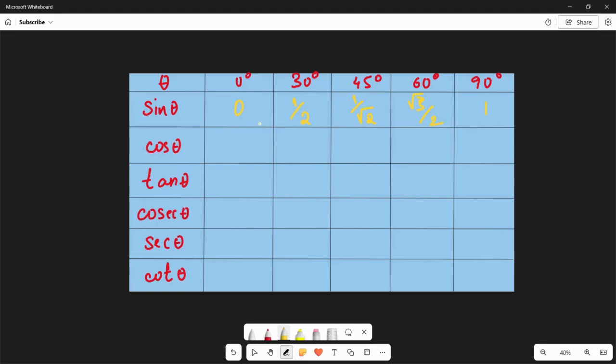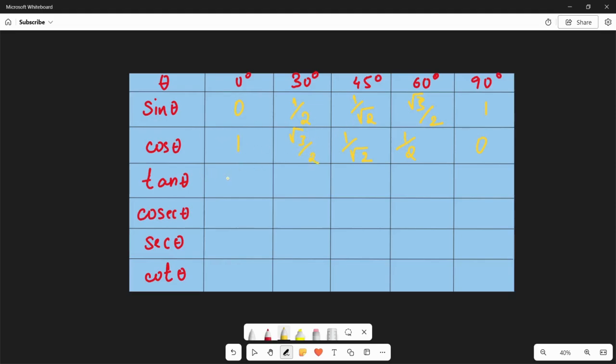Now the cos function is nothing but the reverse of sine, that is, it comes in the opposite direction. So cos 60 is 1 by 2, cos 45 is 1 by root 2 itself, cos 30 is root 3 by 2, and cos 0 is nothing but 1.